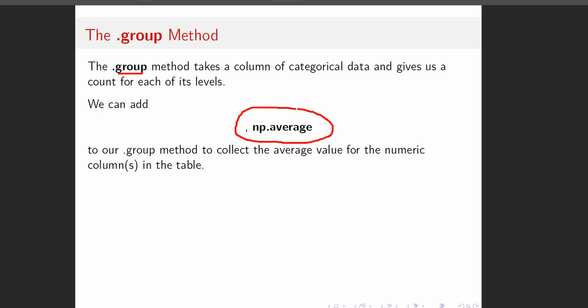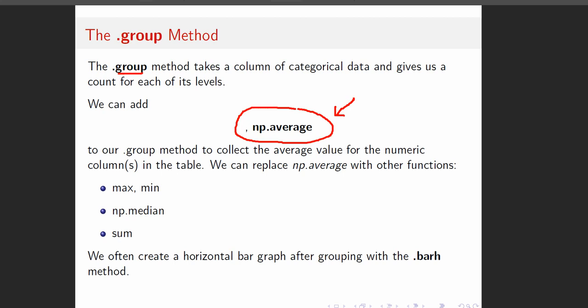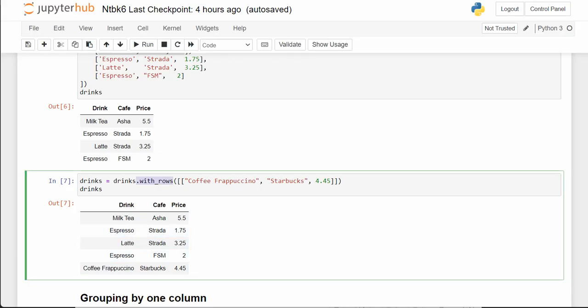But instead of getting the counts, we can get the average, or honestly, lots of functions. We can get the max, the min, the median, the sum. There is a ton of stuff we can do. And also we'll take a look at how to create a horizontal bar graph after grouping to get some really cool visual effects. So let's take a look at this in the notebook.